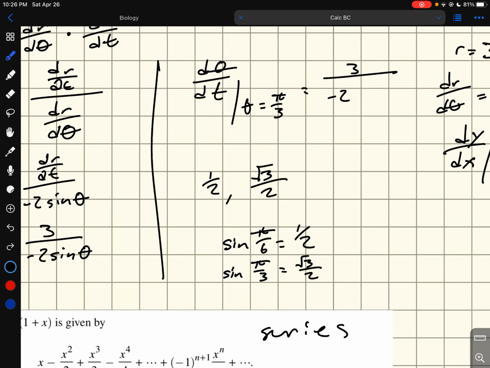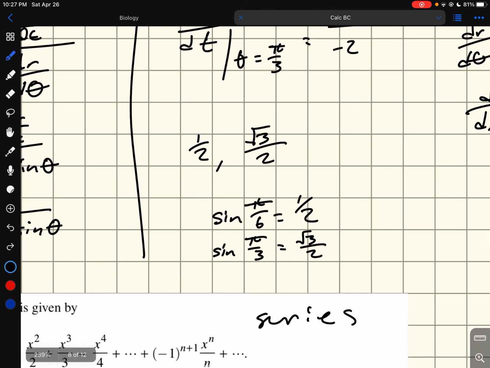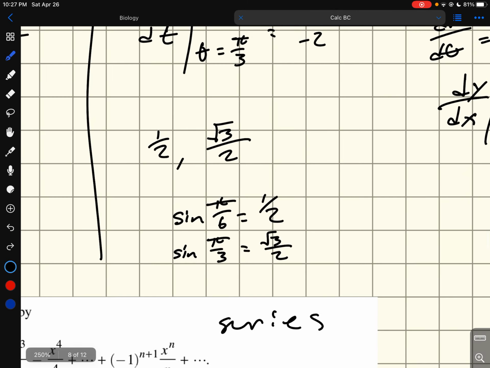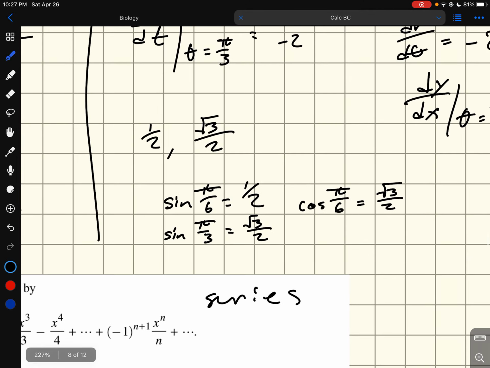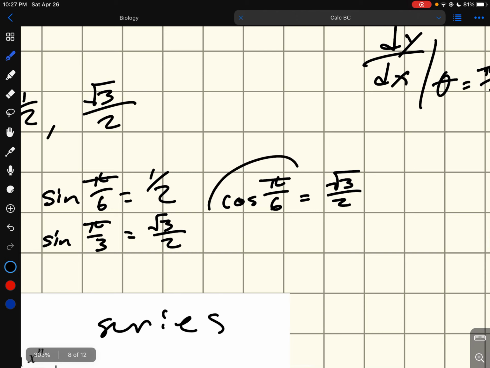And this works if you change to cosine of the same angle as well. So if I know sine of pi 6 is 1/2, then I know cosine of pi 6 has to be the other value, which is square root of 3 over 2. And then you can even apply the alternating to cosine of pi thirds.